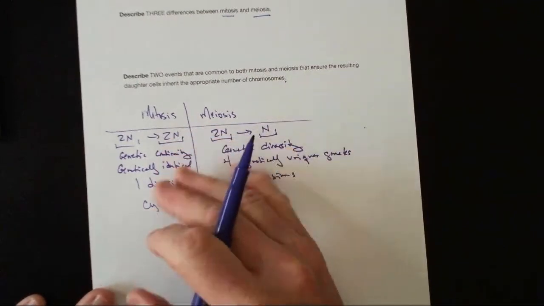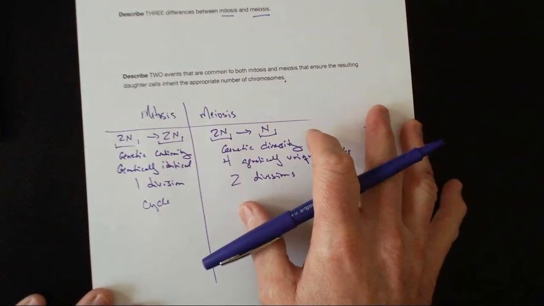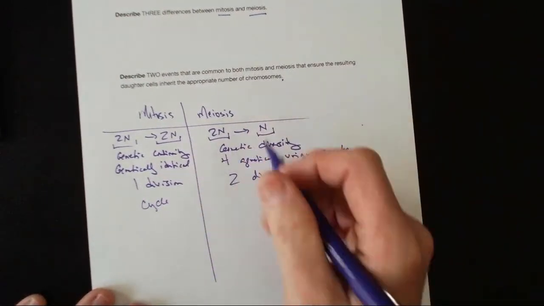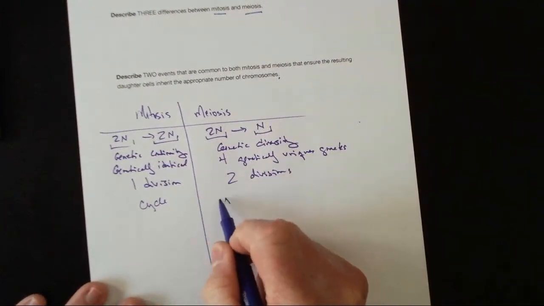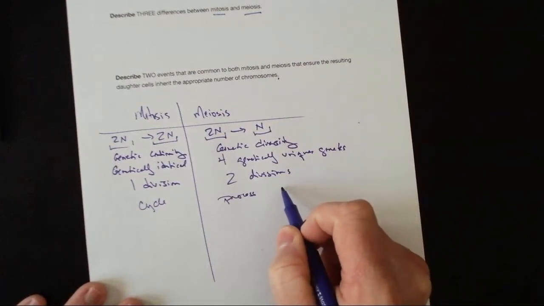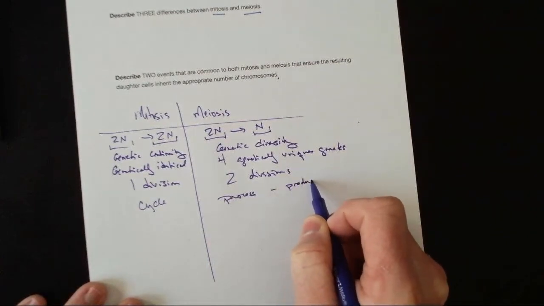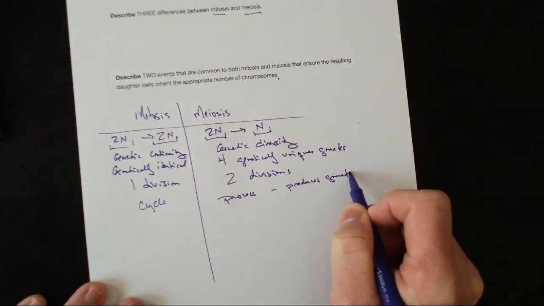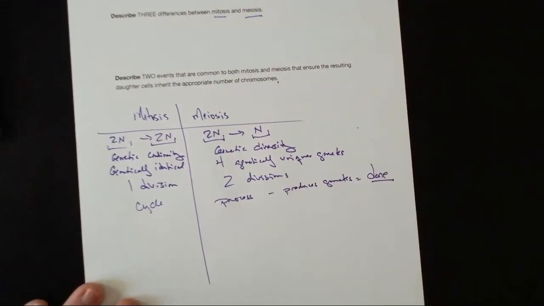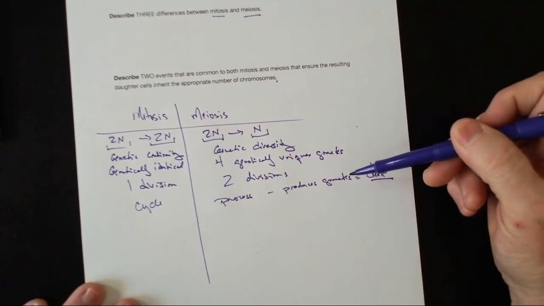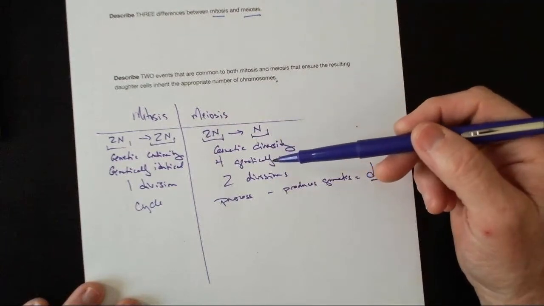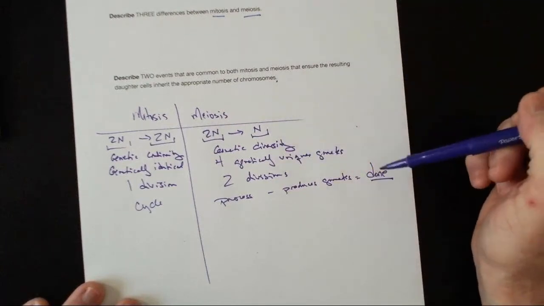So you have a cell, it goes through the cycle, and then you have 2 cells, and then each one of those can go through the cycle and you have more cells, and so on and so forth. Whereas meiosis is a process. It ends in our gametes, so it produces gametes and it's done. It does not continue. Once you have gametes that are haploid, they are not genetically identical to the cells we started with, and they're done.